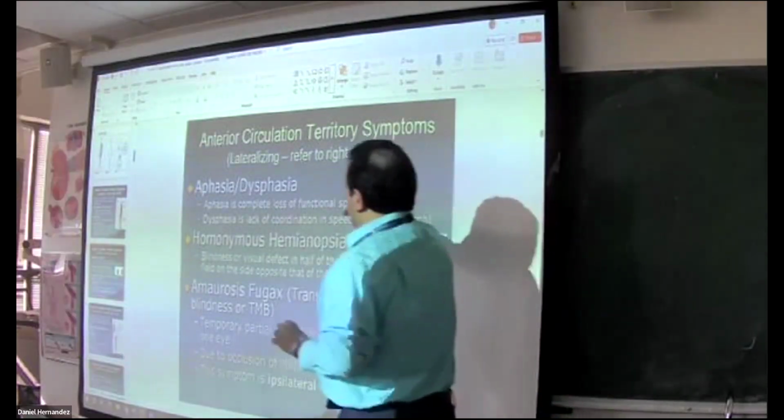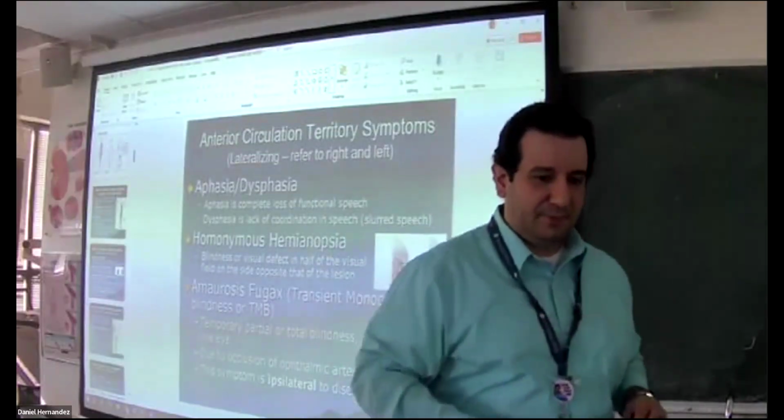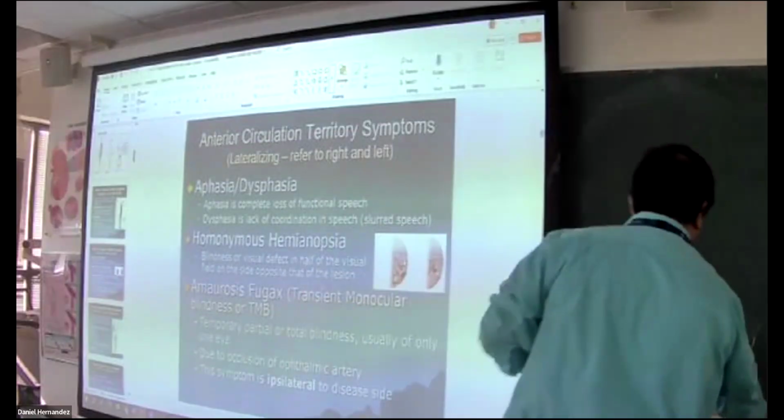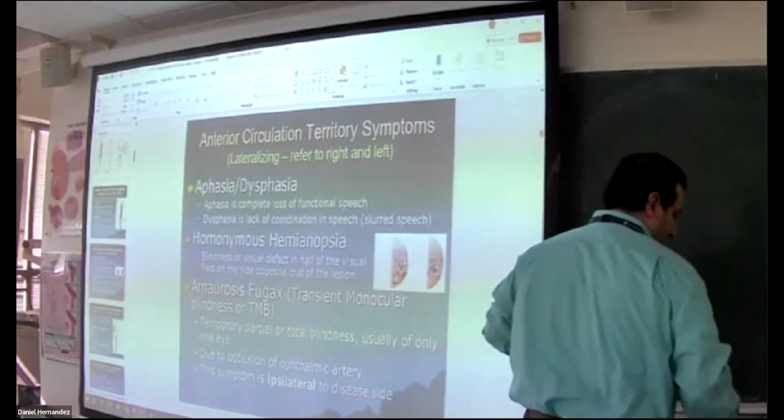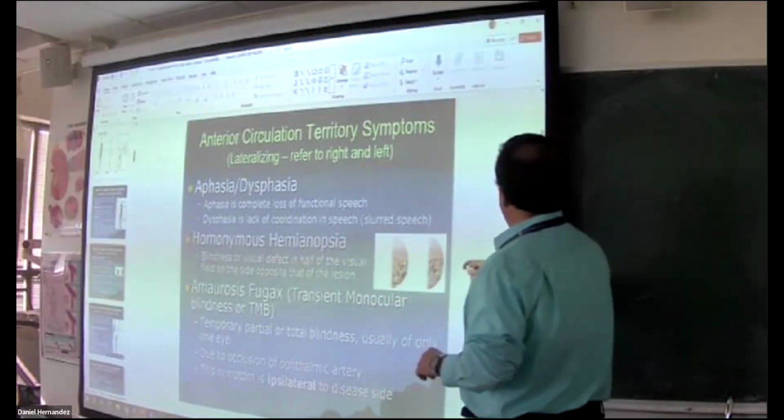So with this, we can actually localize which ICA is affected based off the patient's handedness.